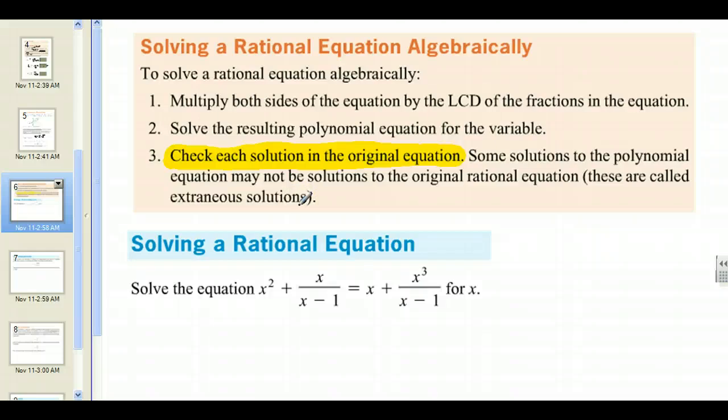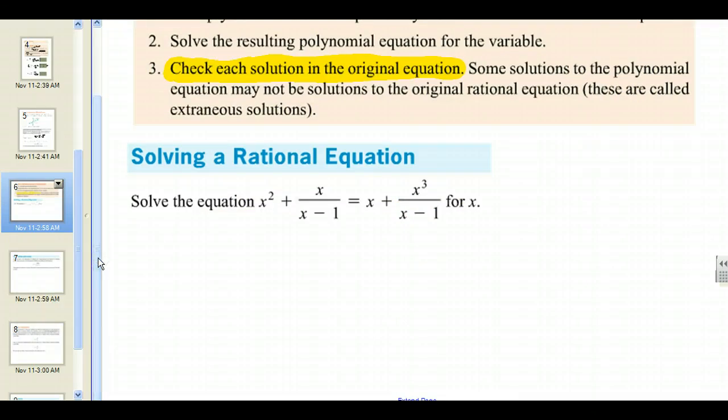Because we have division by 0 potentially in the original expressions on each side, we have the potential for a solution once we change it to polynomials. We don't have to worry about division by 0, and when we solve a polynomial we get an answer, plugging it back into the original, it could cause division by 0, so we have to be careful.